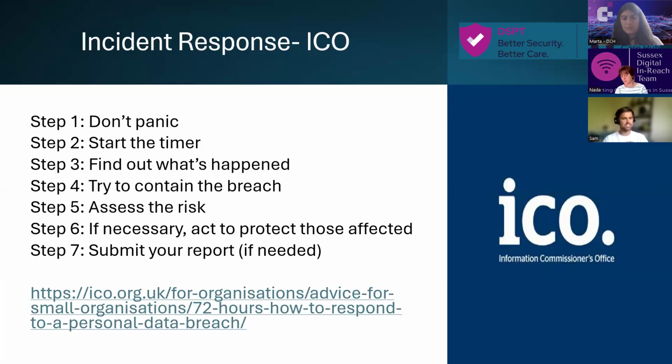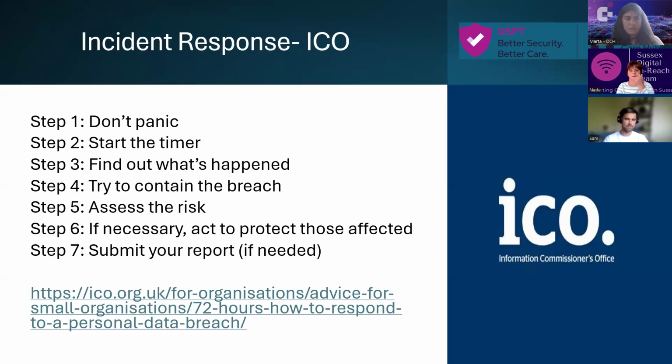Once you've done this, you need to assess the risk. So you should assess it, find out what the harm could be, who could be at harm, whether it's staff, whether it's yourself, whether it's people outside the organization or people in your care. You need to assess the level of risk. And if necessary, you then need to act to protect those affected. And this is really important.